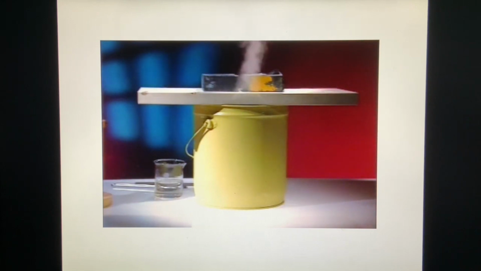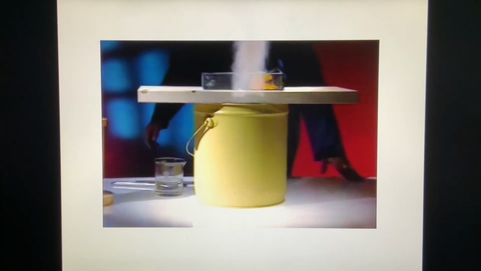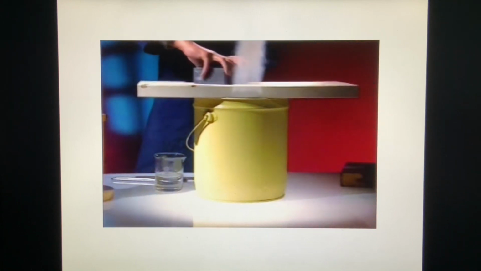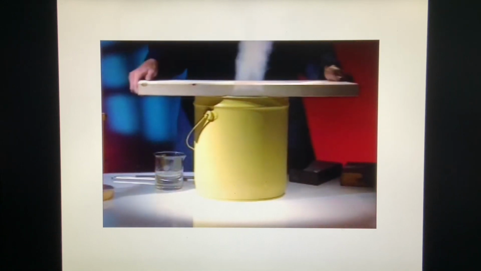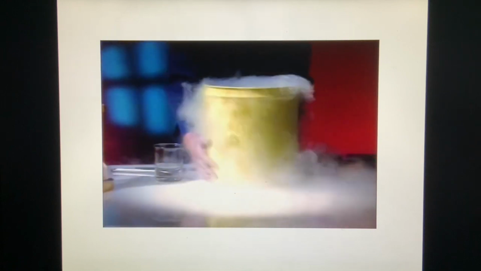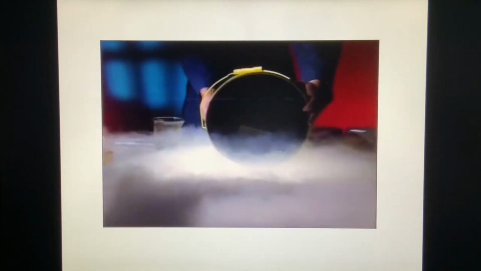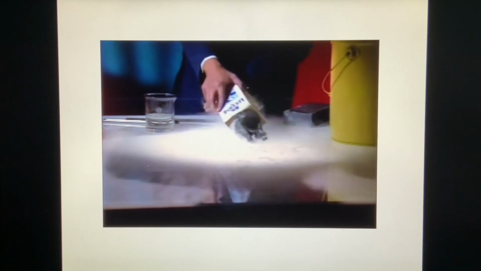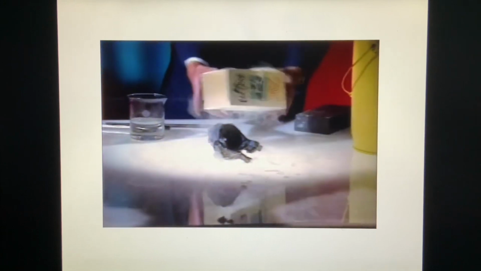A few minutes later, the vessel explodes. The thick iron walls were no match for the tremendous pressure generated by the water as it froze.